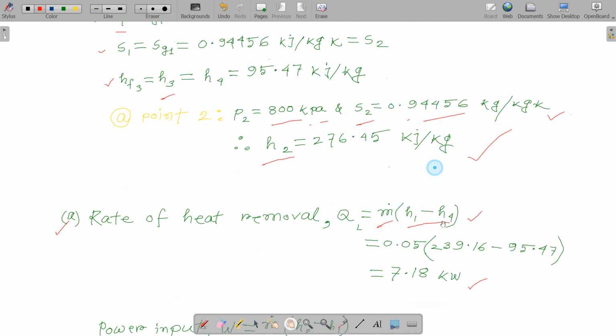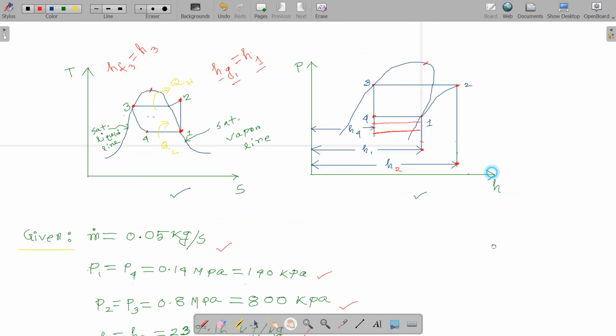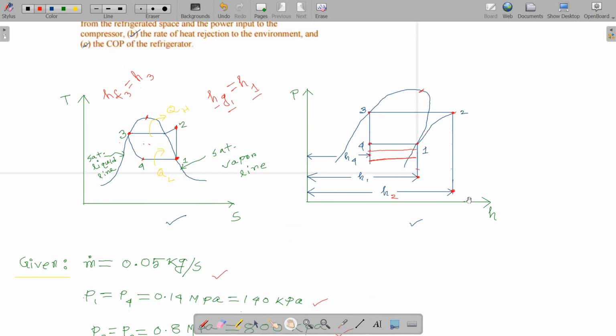We know power input occurs in the compression process. The compression process occurs from point 1 to point 2. So we can say that here the power input will be represented by this distance, right?